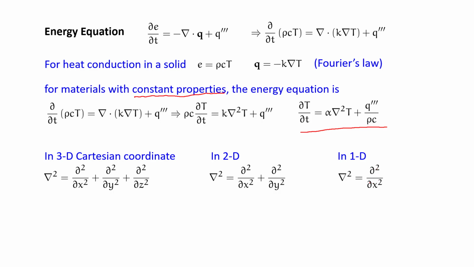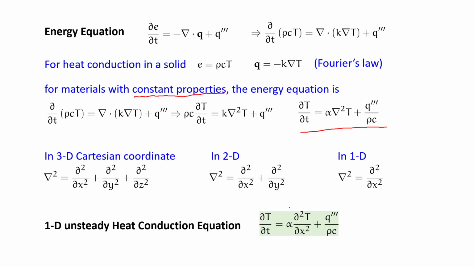This looks nice, and over the next few weeks, we will deal with this one-dimensional unsteady heat conduction equation, given by del T/del t is alpha del 2T/del x2 plus Q triple prime by rho C. Please note that even though it is one-dimensional, we still have a partial differential equation, since temperature is a function of both time and x.